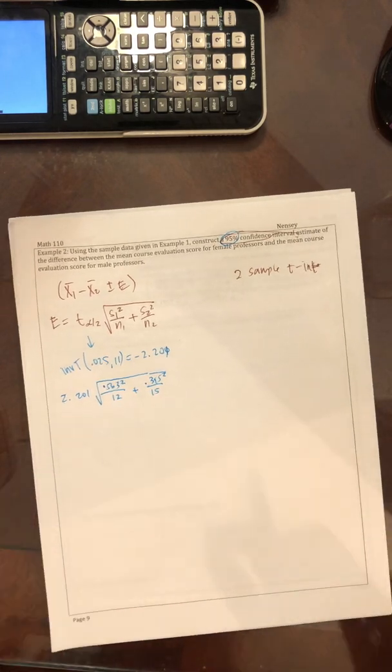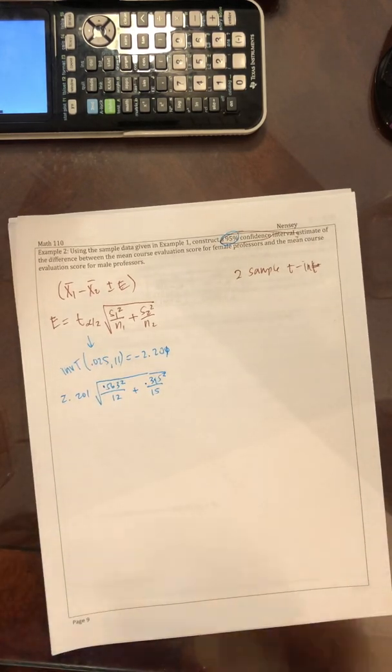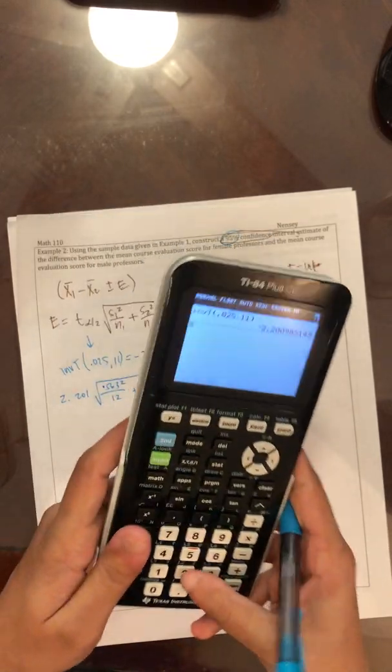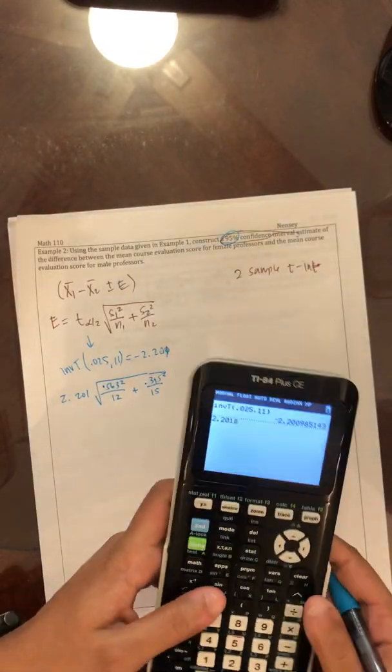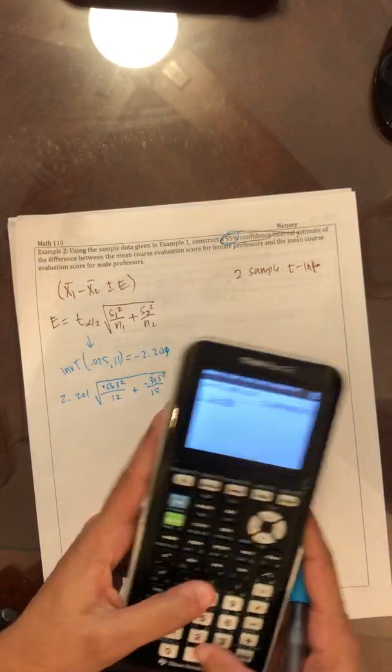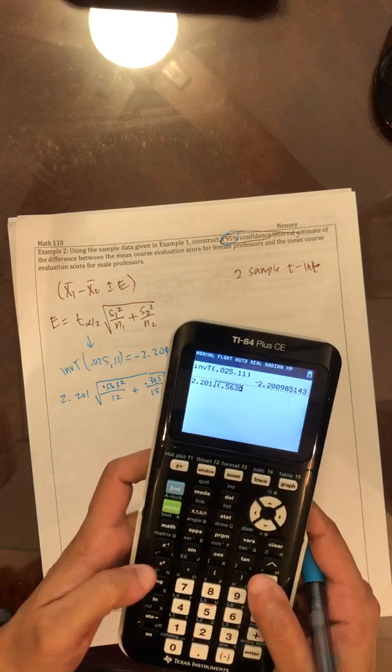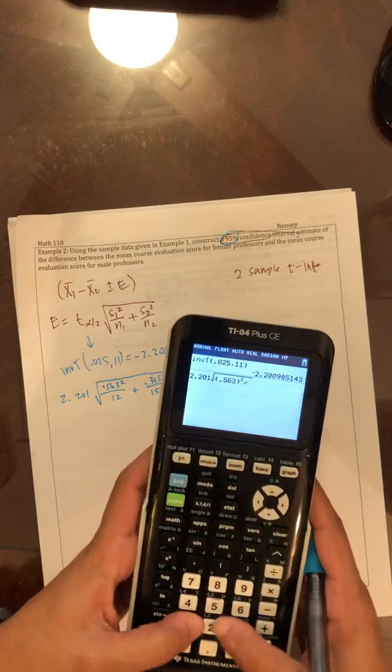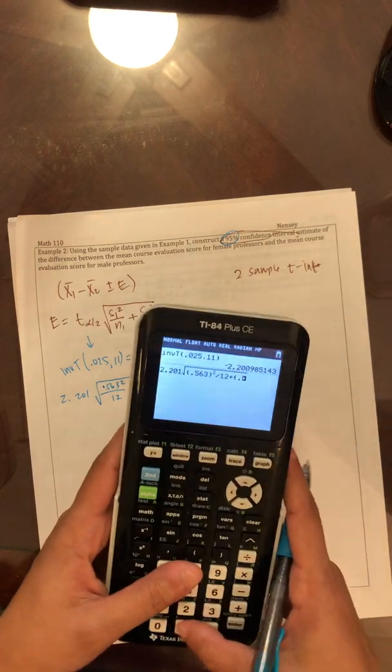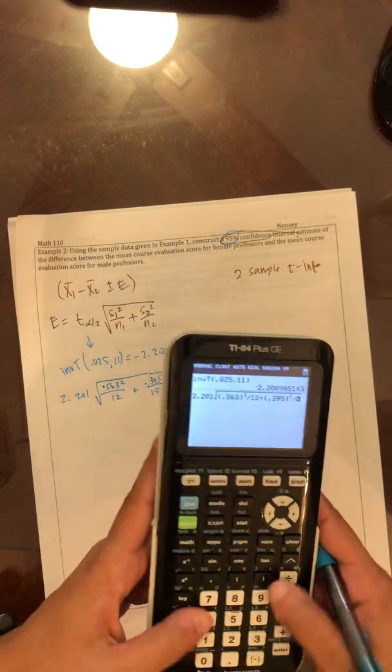Okay, and again, we're doing this by hand, and we're going to do this by calculator, so you can see what we're up to. So I'm going to do 2.201 times the square root of parentheses 0.563 squared divided by 12 plus parentheses 0.395 squared divided by 15.